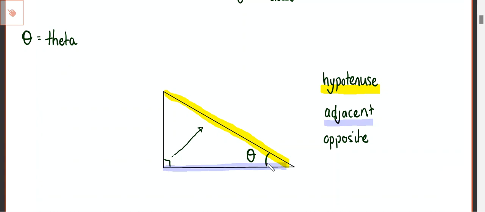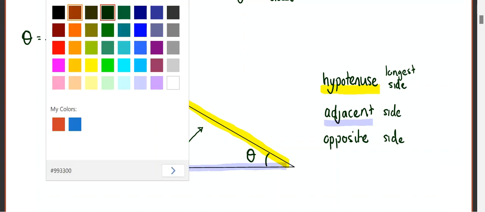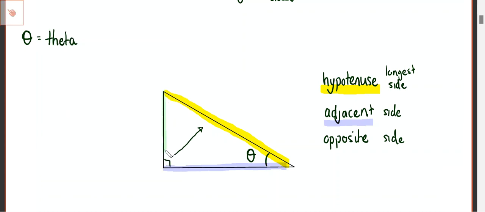The angle is the angle. These are sides. So we have an adjacent side, an opposite side, and the hypotenuse is the longest side. So obviously this side, in this case, is the opposite, because the angle and the side are opposite each other.